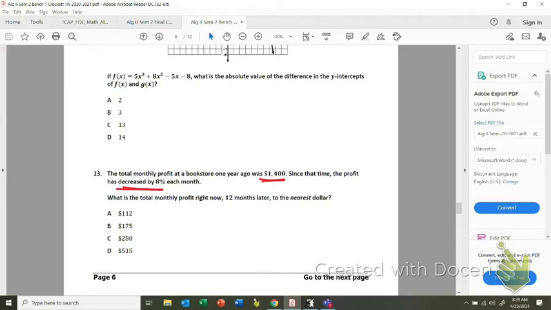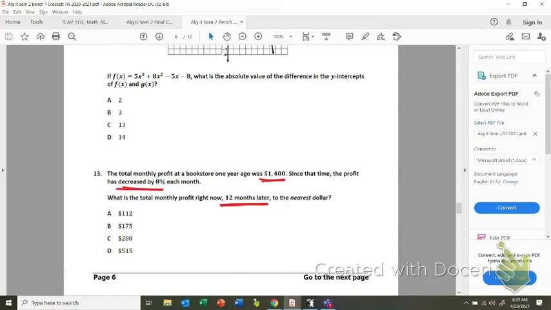What is the total monthly profit right now, 12 months later? Now, do you see the word compounded? Any? No. So we're not going to have an N value here. Remember, N is how many times a year. They don't say the word compound, so no.